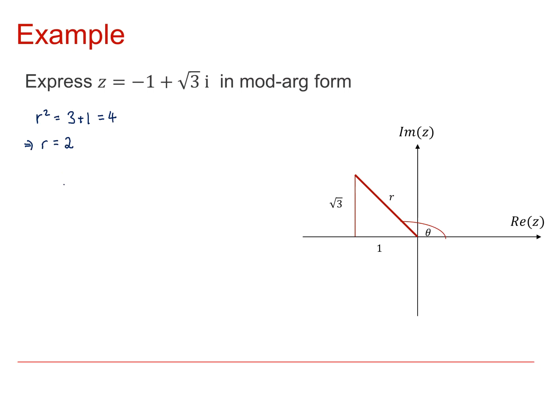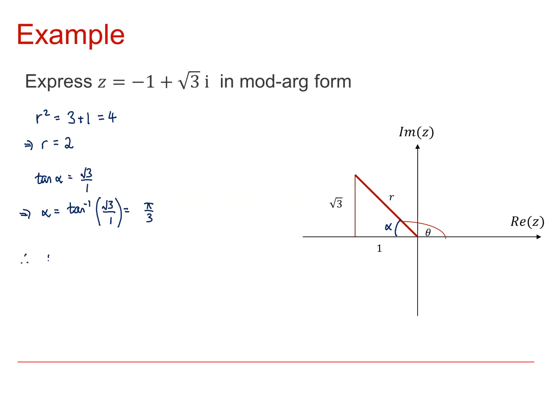We want the angle theta, but we're going to use the right angled triangle to find that angle alpha first. We can see that tan alpha is equal to root 3 over 1, and therefore alpha is inverse tan root 3 over 1, which is pi over 3.